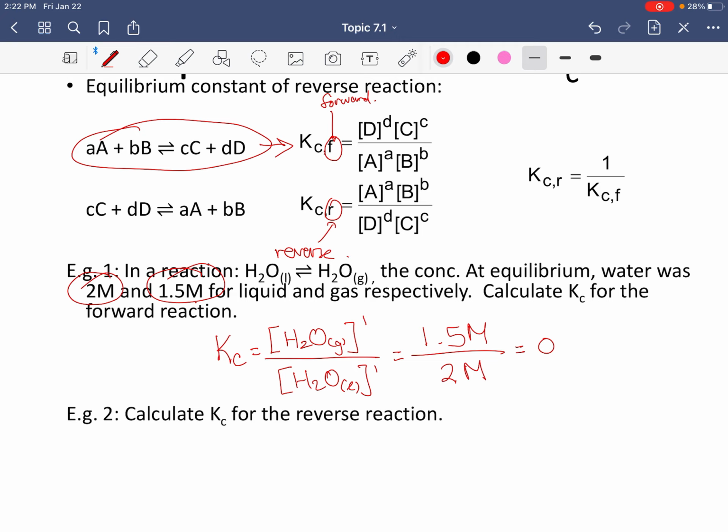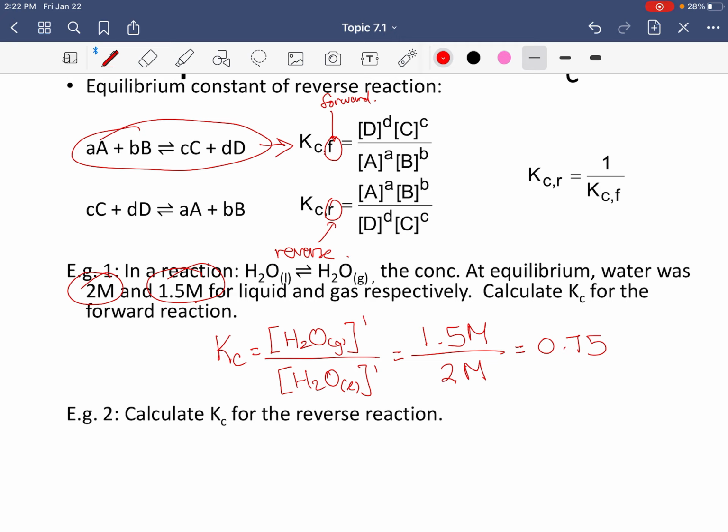Divide by the 2, Kc is 0.75, and there's no units for Kc because Kc is sort of like a ratio. It is a ratio, so there's really no units because it's not really a measurement, is it?